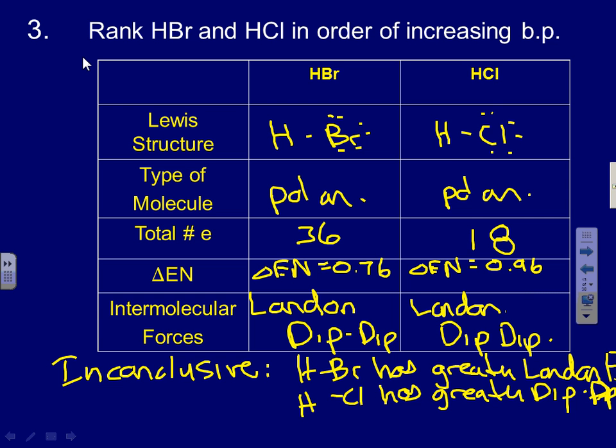The delta EN is not a direct measure of the strength of the dipole, all right? The strength of the dipole is kind of like saying how strong is this magnet, which really means how sticky is it to another magnet. So there are various equations that chemists have tried to come up with that relate the size of the delta EN to the strength of the dipole.